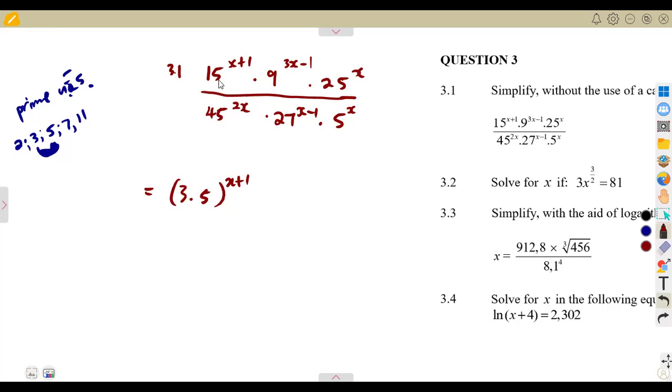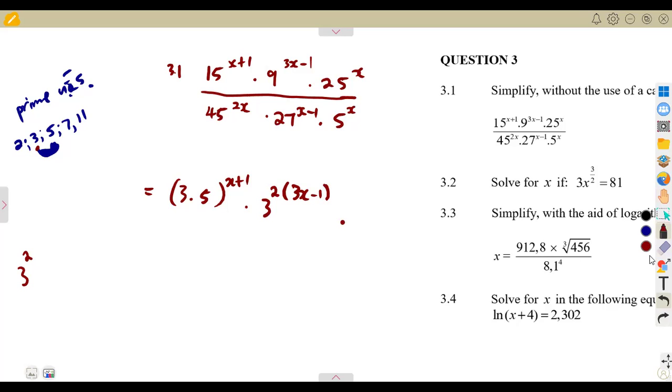All right, we have got the same thing multiplied to 9 to the exponent of... 9 is not a prime number, but 9 can be given as a prime number, which is 3 to the power of 2 already. 3 times 3, that is 3 to the power of 2, that's 9. So in place of this 9, we've got 3 to the exponent of 2. So that's 3 to the exponent of 2, to the exponent of 3x minus 1. So this is what you're going to have.